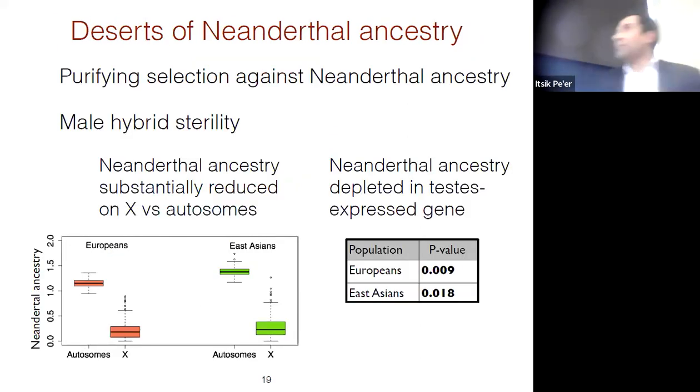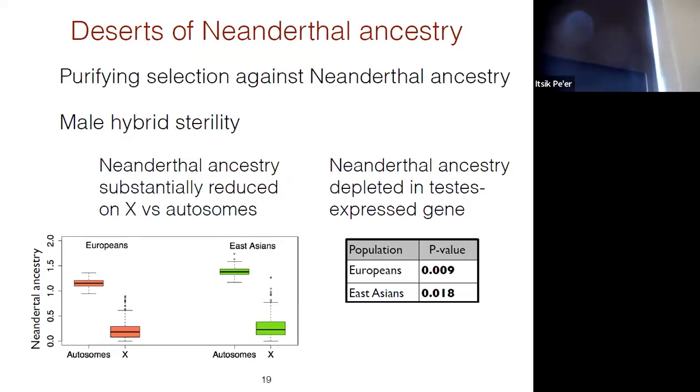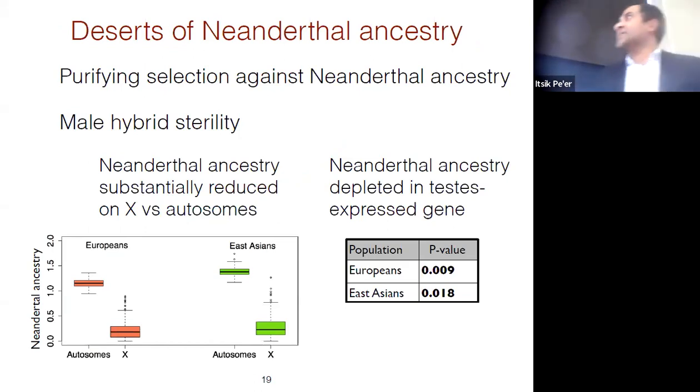So the question is, what might be driving these regions where there is depletion? There's been some work coming out of Graham Coop's lab and Nielsen's lab, which shows that this purifying selection against Neanderthal ancestry is driven by the fact that Neanderthal population sizes, historically, were quite small compared to most modern human populations that we're aware of.